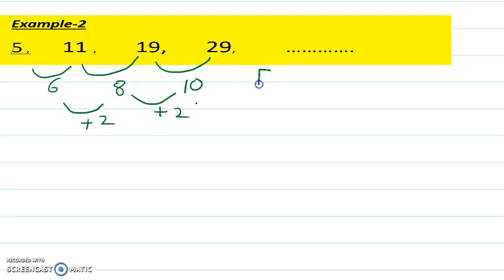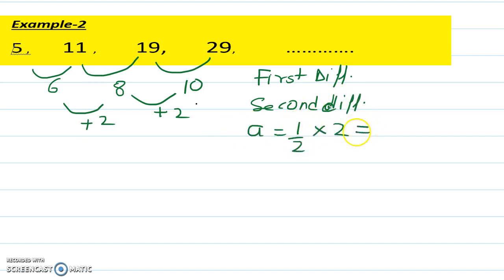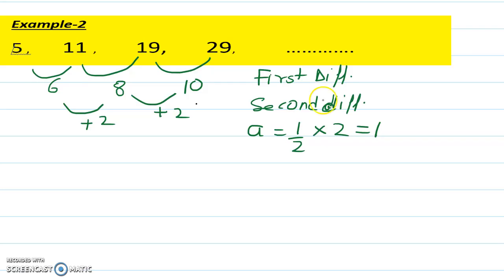This is your first difference, and this is your second difference. Now a is half of the second difference. The second difference is 2, and 2 divided by 2 is 1. a is the coefficient of x², so the first term is 1 times x². Now we are going to write down our equation.